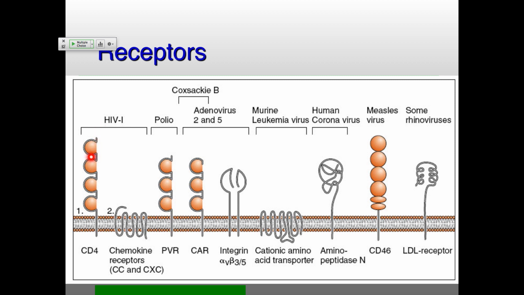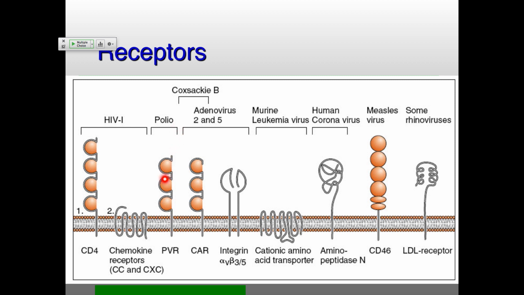And that's what this sort of omega here is supposed to represent. Ig for immunoglobulin. And immunoglobulins turn out to be really good ways of binding things. So it's not surprising you have an immunoglobulin fold on proteins on the outsides of cells, which are going to be interacting with other things on the outside of the cell. And again, these are things that viruses have evolved to deal with.